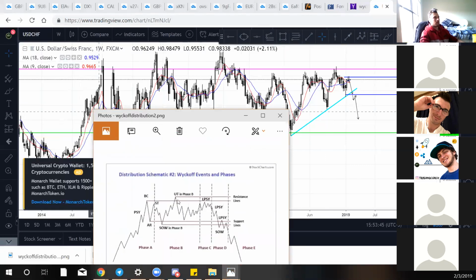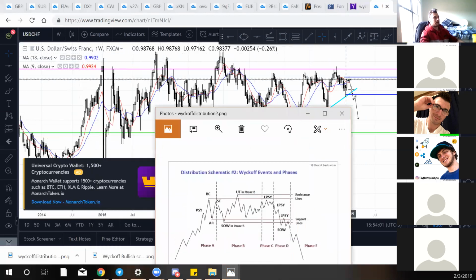Okay. So right up here, this is where we have our test. This is in phase B right here. Then we have our lower point of resistance where we have supply yielding us a nice looking resistance line up here at 1.0.